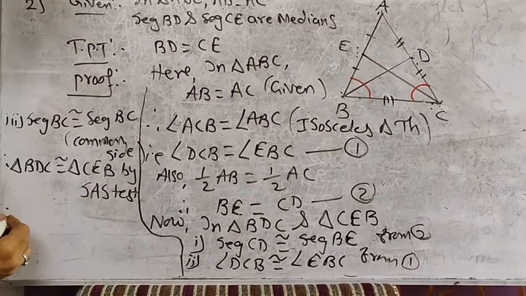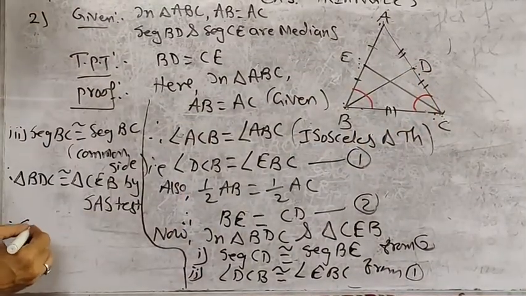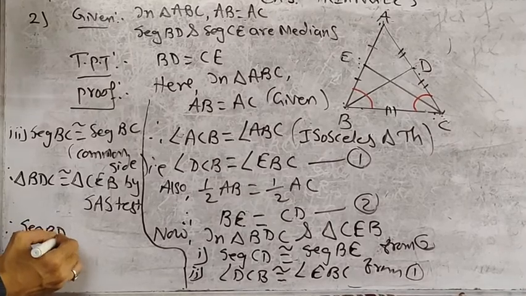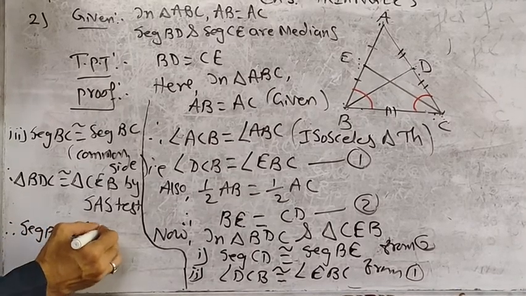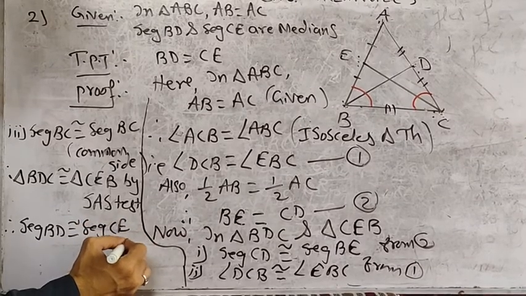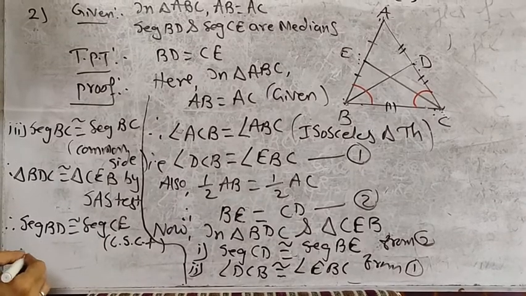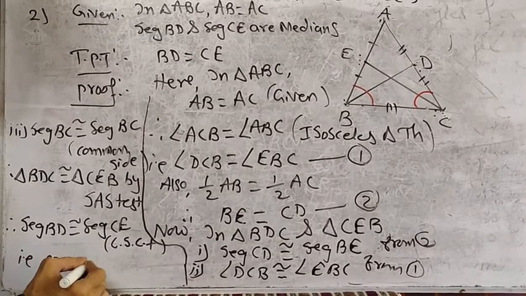And therefore you will get seg BD is congruent to seg CE. This is called corresponding sides of congruent triangles. That is BD is equal to CE.